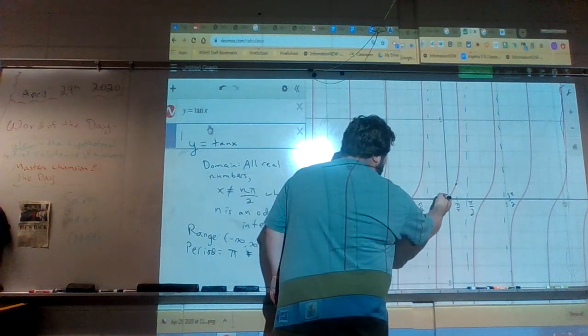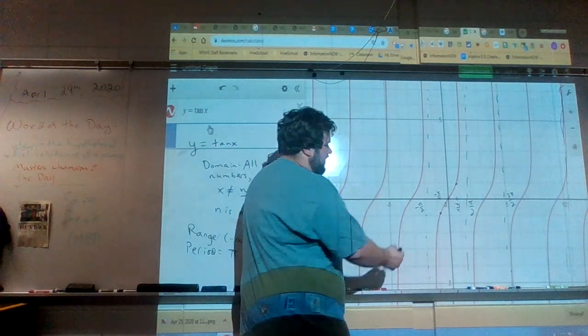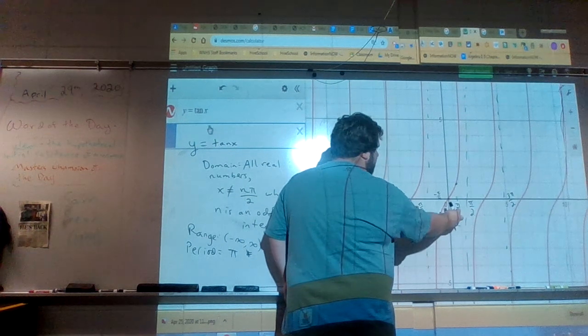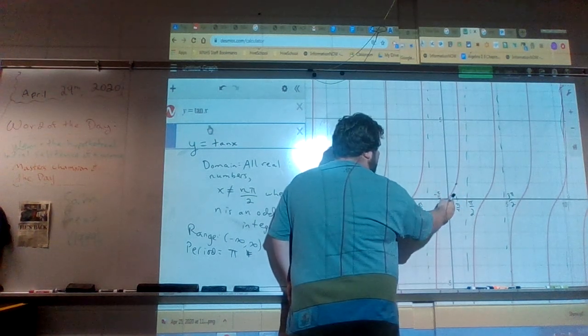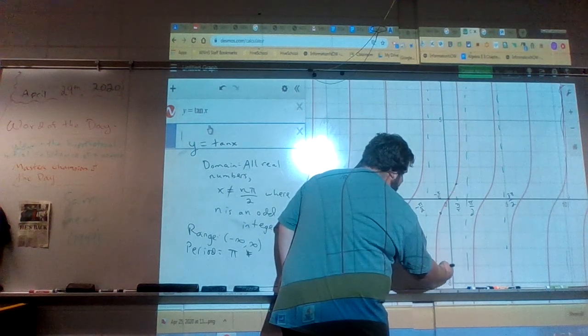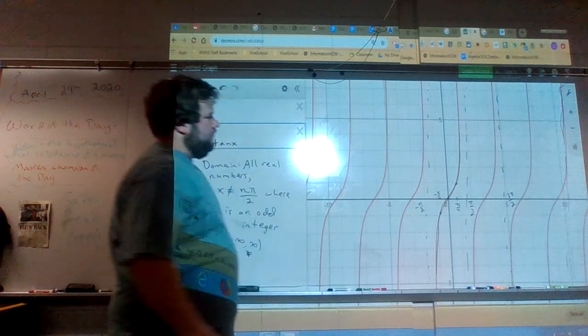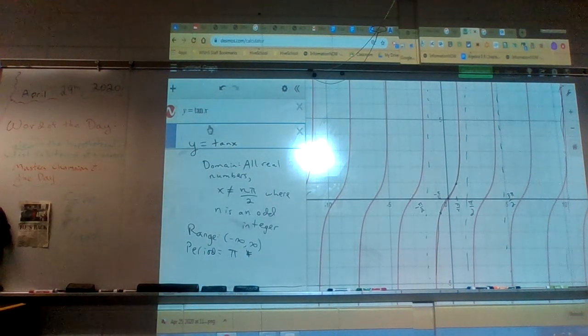And tangent of negative pi over 4 is negative 1. A lot of the time, if you just graph these 3 points, pi over 4, 1; 0, 0; and negative pi over 4, negative 1, you can already get a good graph of what the tangent is going to look like. And then that pattern just repeats.